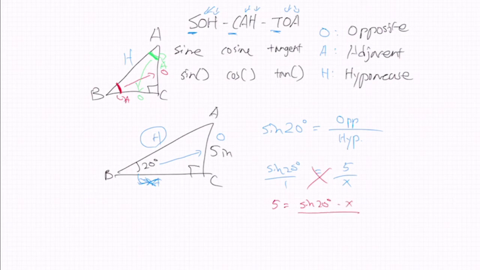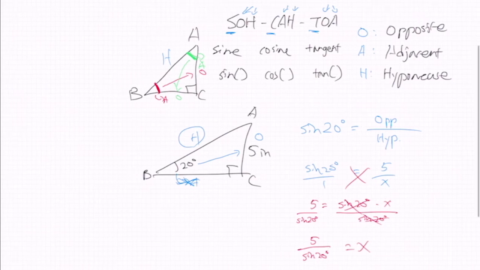To isolate x, we can divide both sides by sine of 20 degrees. They cancel each other out, and what do we get? 5 over sine of 20 degrees is equal to x.